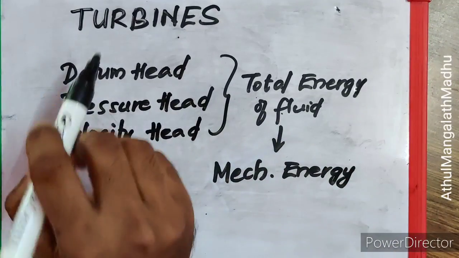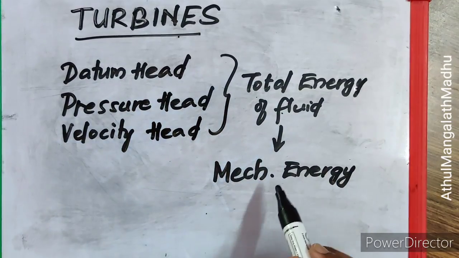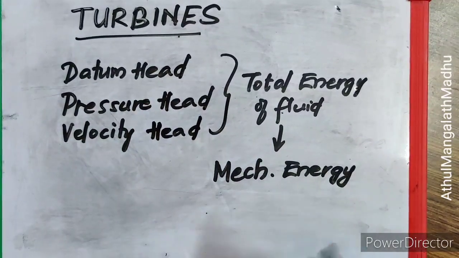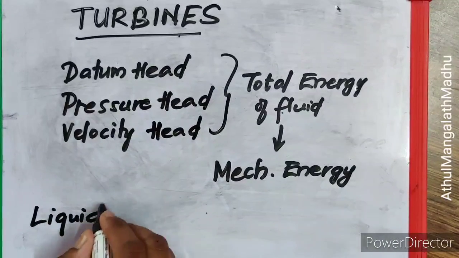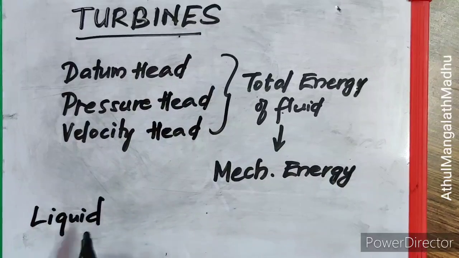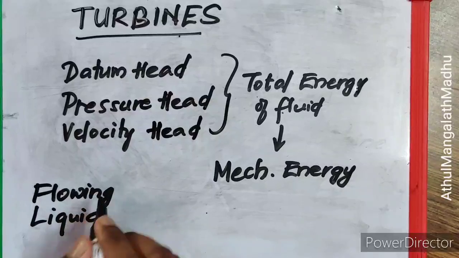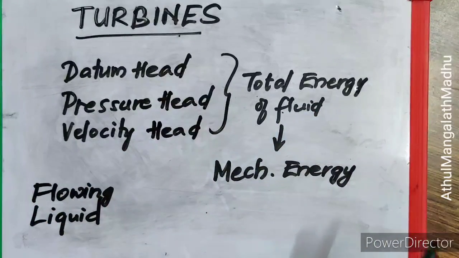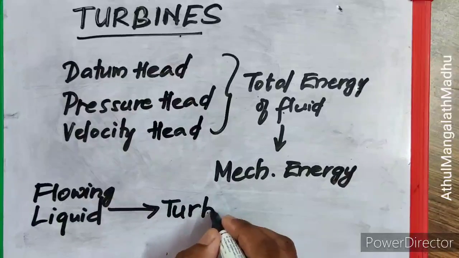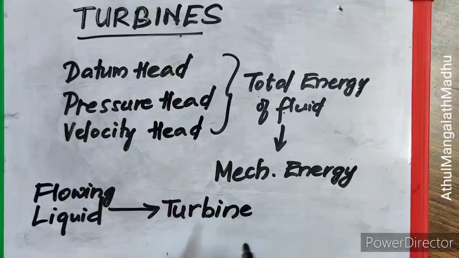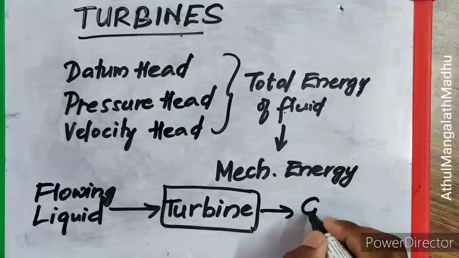So I can say the turbine is a hydraulic machine which converts the energy of a fluid into mechanical energy. What happens is you have a flowing liquid. In our case, in civil engineering, the liquid will be flowing, and this flowing liquid will have some energy. That energy will be extracted by the turbine and converted to mechanical energy, and that will be given to a generator.